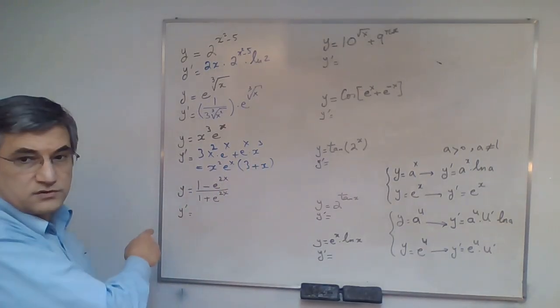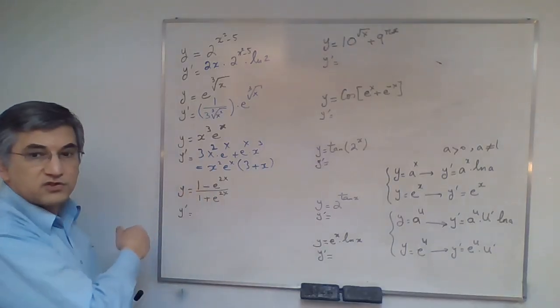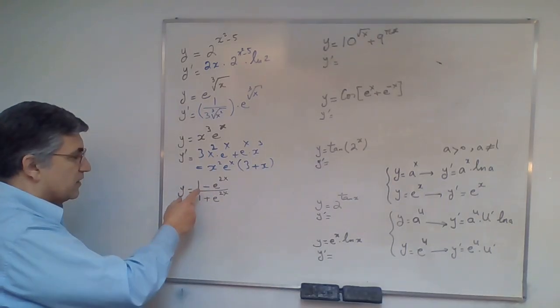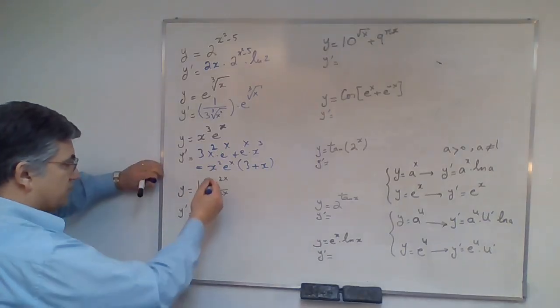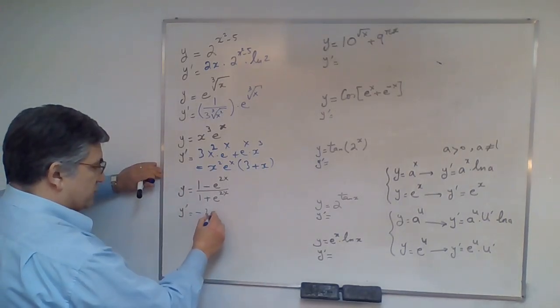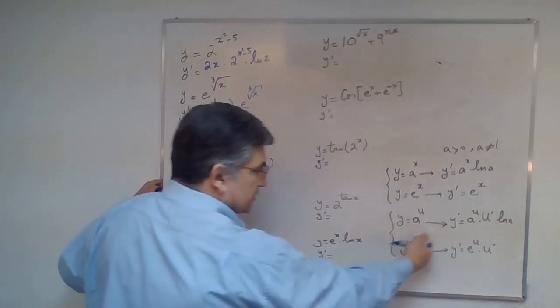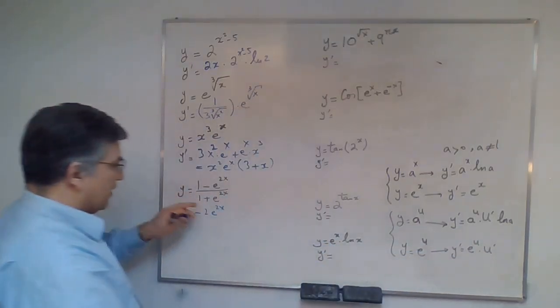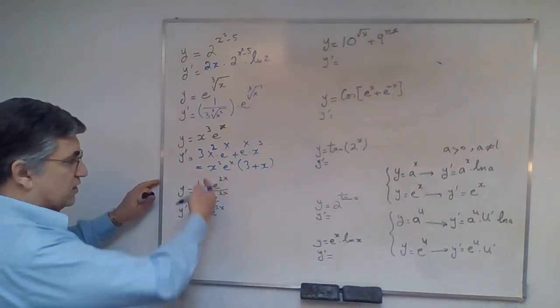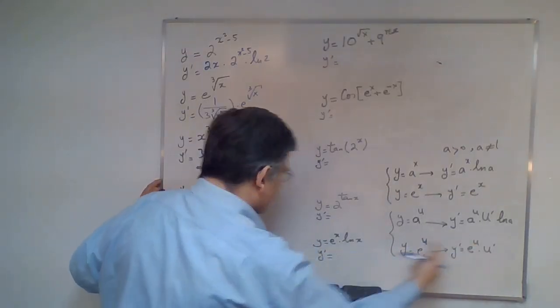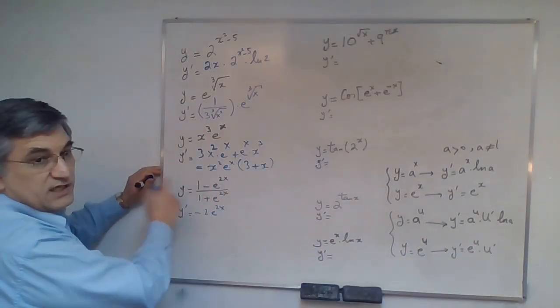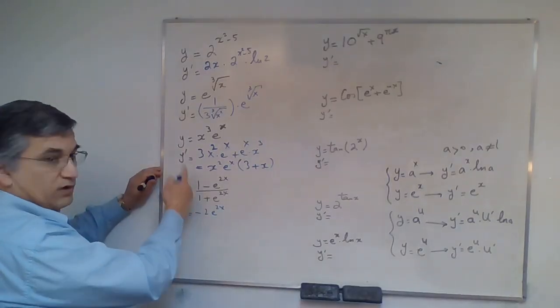That's the simplified final answer. Next one is a quotient, so a quotient of two exponential functions. The derivative of the top would be negative 2e to the exponent of 2x. We are using this formula, e to the u times u prime. What plays the role of u is actually 2x, so u prime would be 2. I did write it. There was a negative sign in front, and the derivative of 1 is 0.